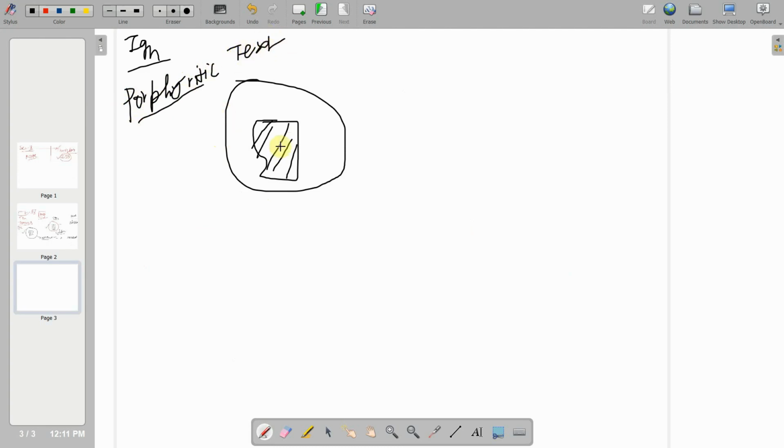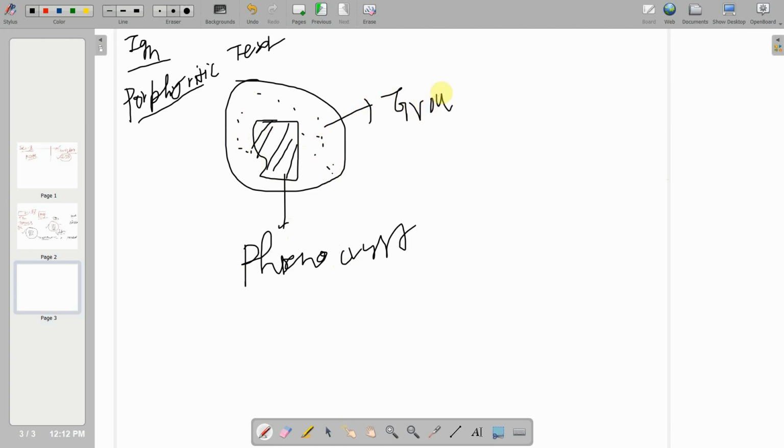This larger crystal is called, anyone from the class? It's called phenocryst. It is your phenocryst crystal, and the finer grained background material is called ground mass. I think I have repeated this several times.